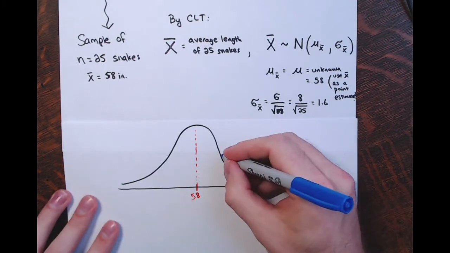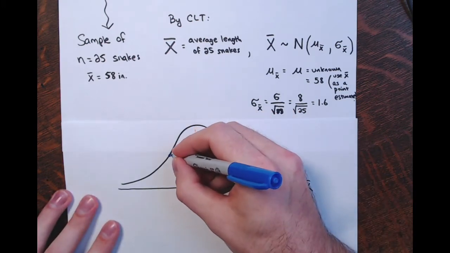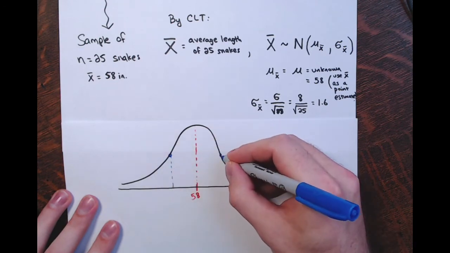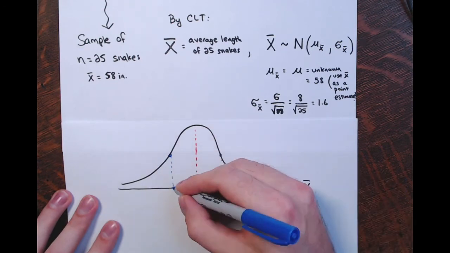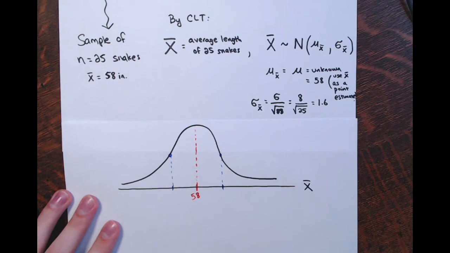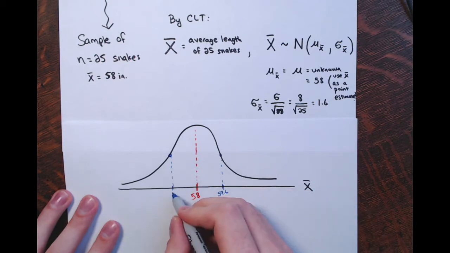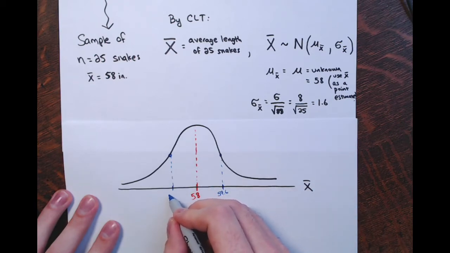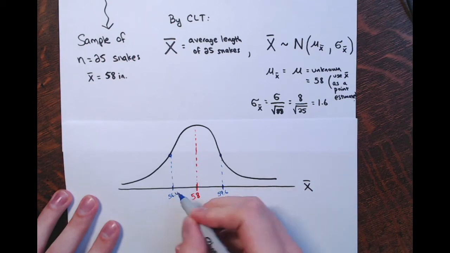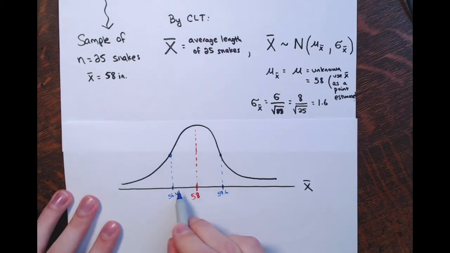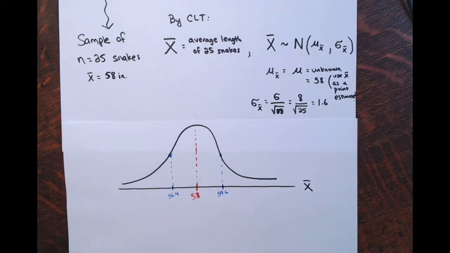And underneath these inflection points here, these values should be 1 standard deviation above and 1 standard deviation below. So this value here is about 59.6, and this value here is 56.4. Right, adding 1.6, subtracting 1.6. Those are 1 standard deviation above and below the mean.